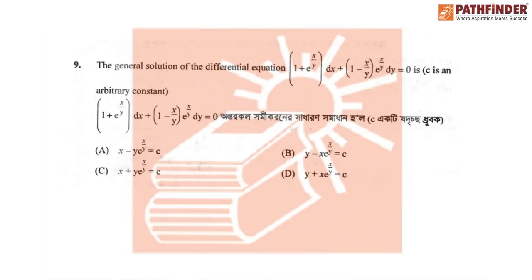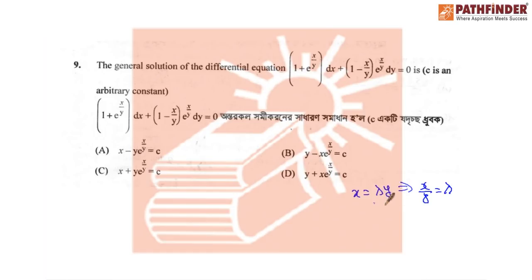Now move to the next question, question number 9. The general solution of this differential equation. This is a homogeneous differential equation. Everywhere you will find x by y. So let us assume x equal to lambda y. If we substitute x equal to lambda y, then x by y is equal to lambda.